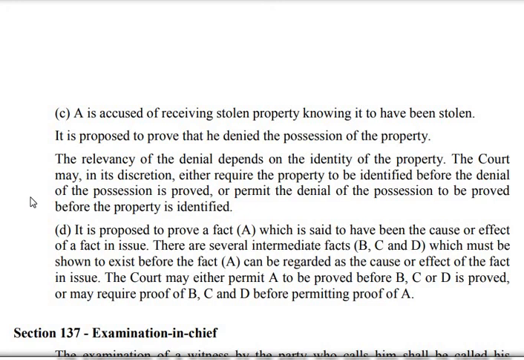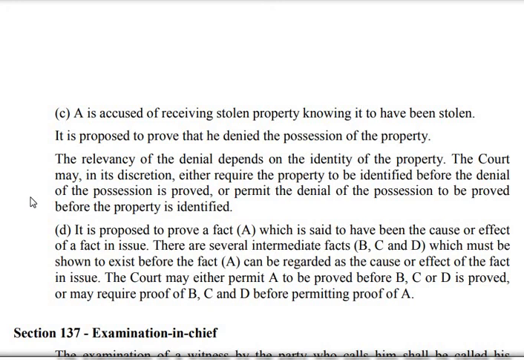लेकिन सपोज इफ़ इट इज़ a stolen property and then I have denied, then there are two facts. One, my conduct of denying the existence of the iPhone, and number two, the fact that the iPhone is actually a stolen property. So my conduct of denying the possession of the iPhone will be relevant only if it is proved that this was a stolen property.